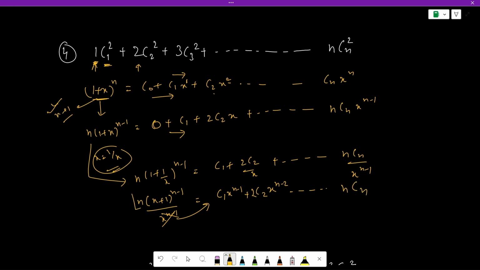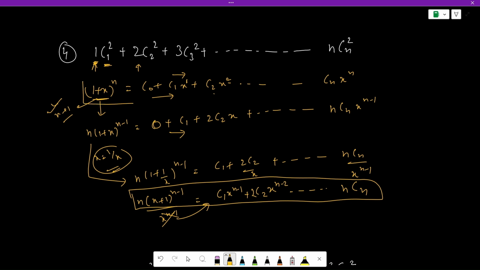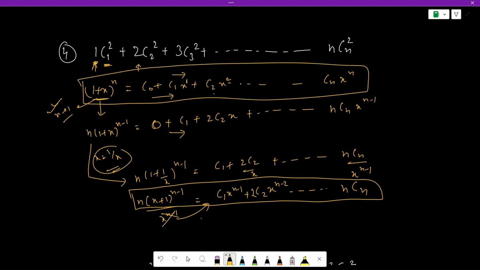Now this is the final series that we will use, using this and this series. So here what we need is c1 into 1c1, c2 into 2c2 and cn into ncn.